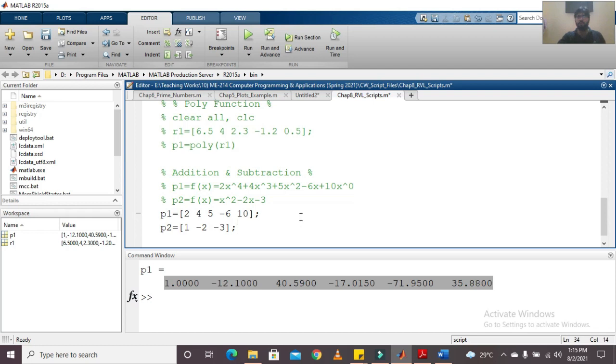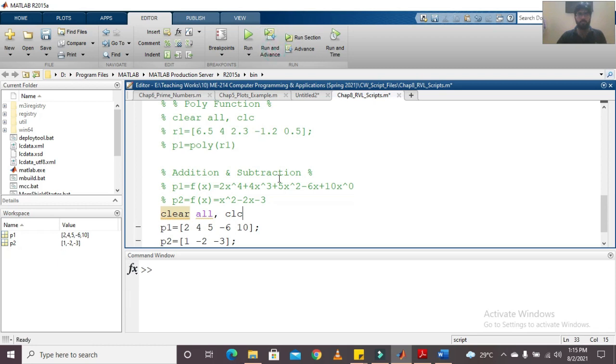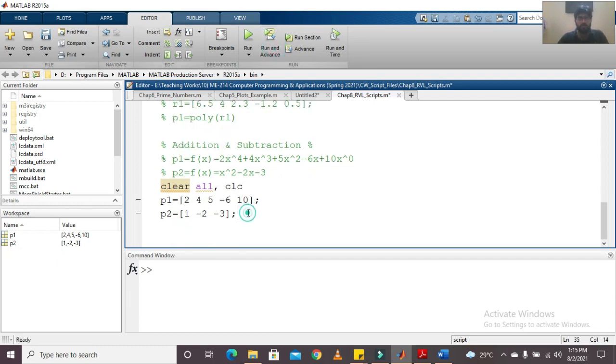So what will happen here is, if I execute it, let's say that the resultant will be P1 plus P2.